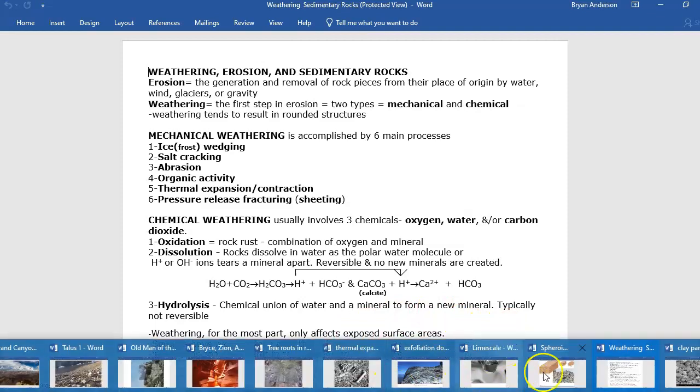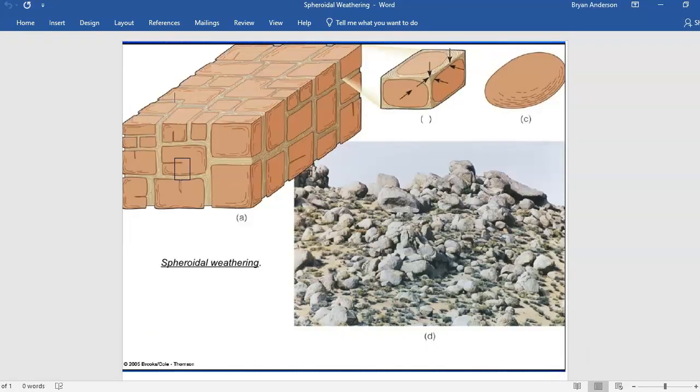A couple of last things. Weathering tends to impact mostly exposed or near surface areas, so this rock internally wouldn't be weathered as much, but externally it's going to really chip away at the surfaces.